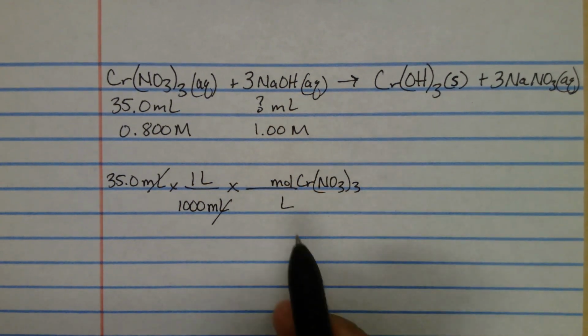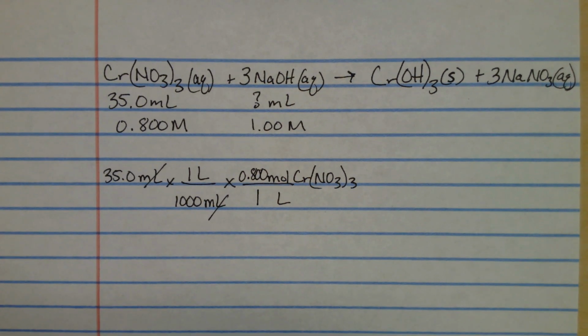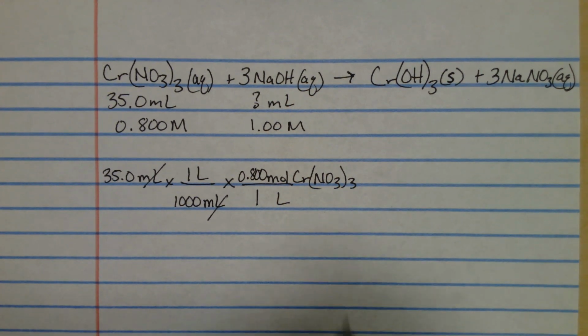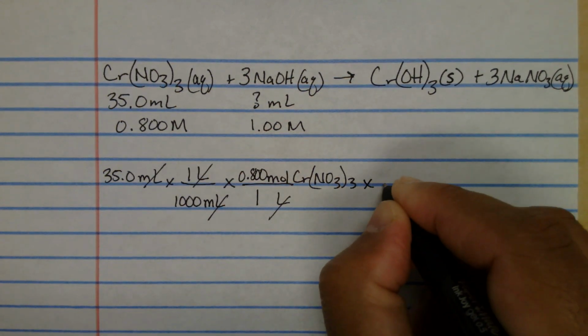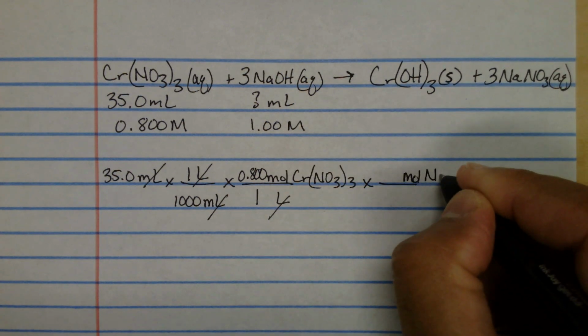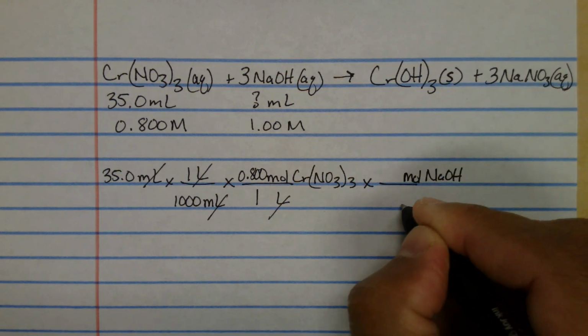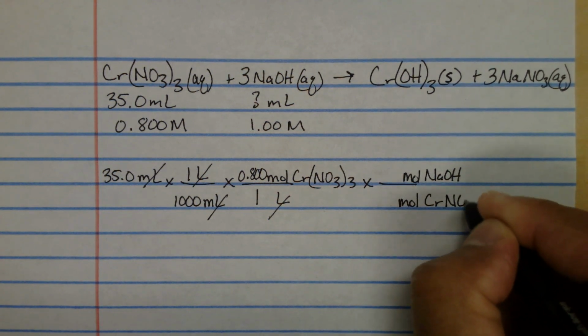And of course, mole per liter, this is a molarity. Now that we have our moles of the chromium nitrate, we can convert to the mole of the sodium hydroxide. And so this is our stoichiometric step. This is where we use the mole-to-mole ratios from the balanced equation.